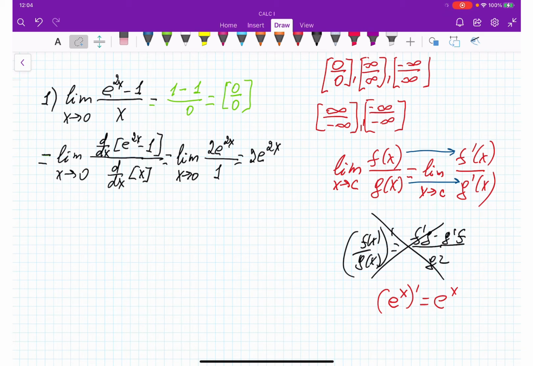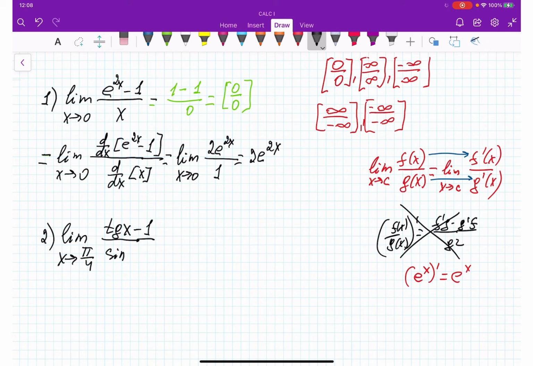So, we have the limit as x approaches pi over 4 of tangent x minus 1 over sine 4x. So if we plug in, tangent pi over 4, let me see, limit as x approaches pi over 4.